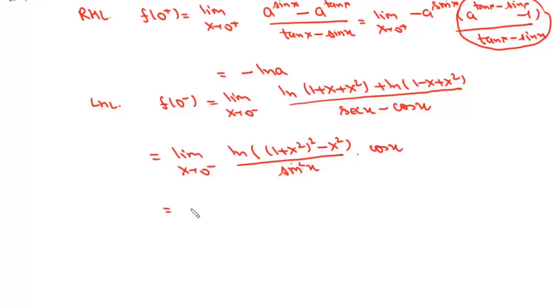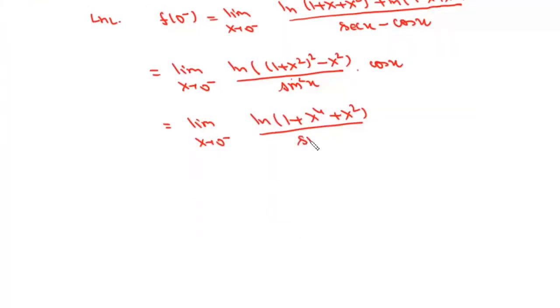Now we simplify this, we can write this as limit x tends to 0 negative, and here it will be log(1 + x⁴ + x²) upon sin² x, and cos 0 is 1. Now log 1 is 0, sin 0 is 0, so it is 0 upon 0 form.